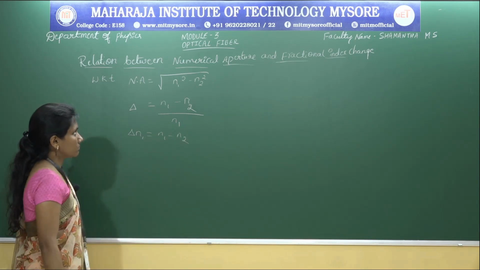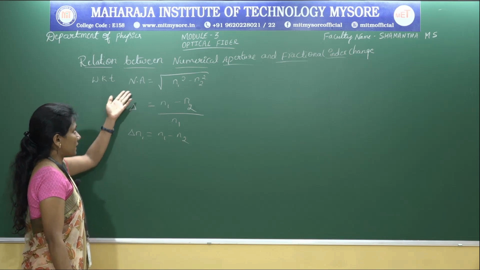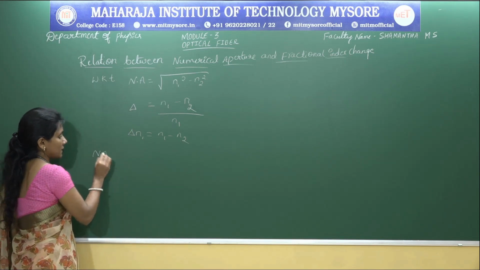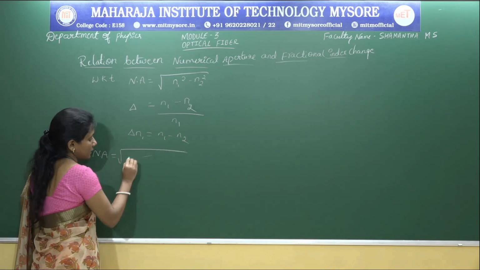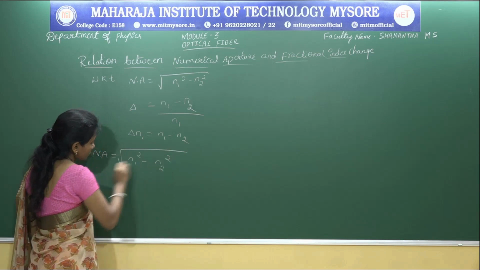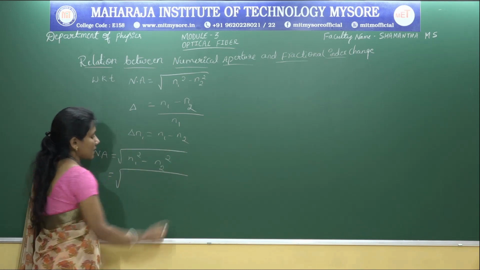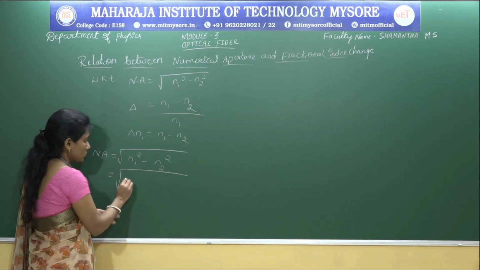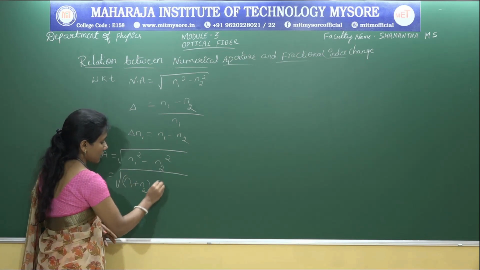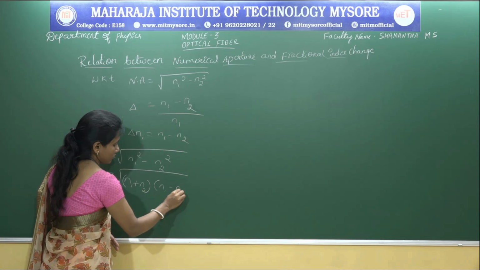Now take the numerical aperture expression and expand it. We get n1 square minus n2 square, which is in the form of a square minus b square. So we can write it as n1 plus n2 into n1 minus n2.